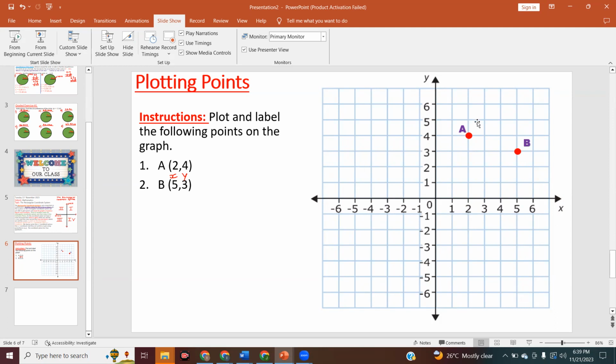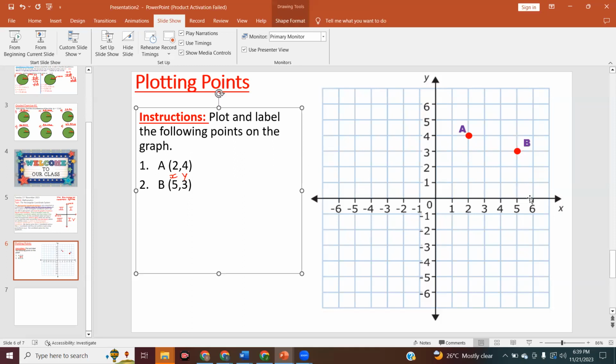We go first to 5 on the X-axis. Start at 5, then go up 3: 1, 2, and 3. Do you see that? Yes, sir. Good. So start at 5, go up 3, and that's how you do it. Make sense? Yes, sir. Good. Let's do C.